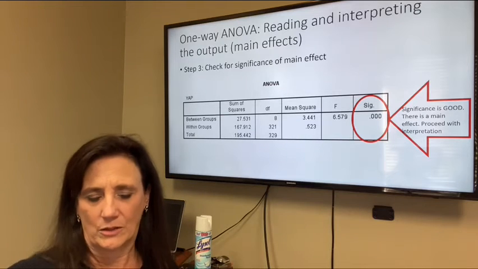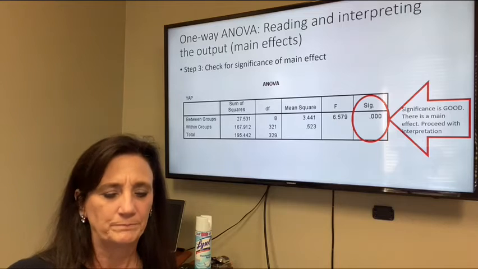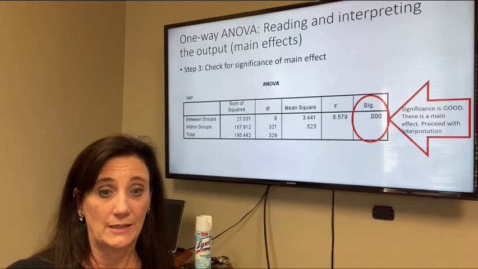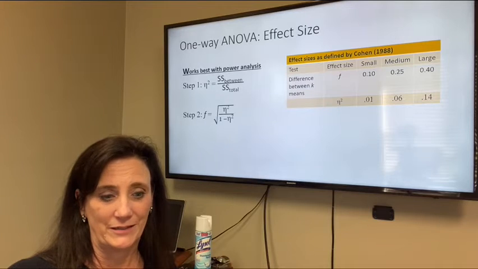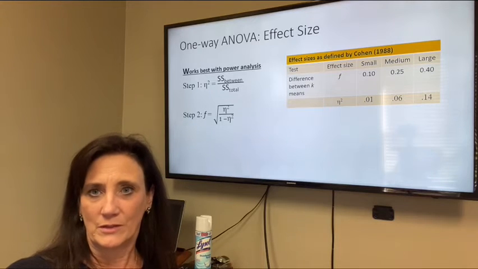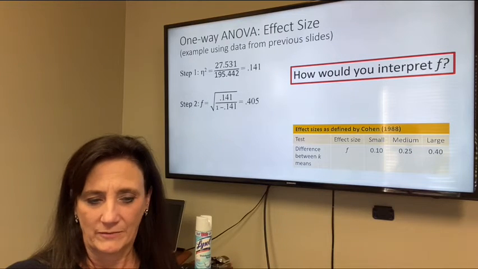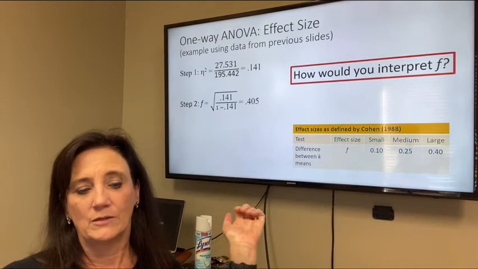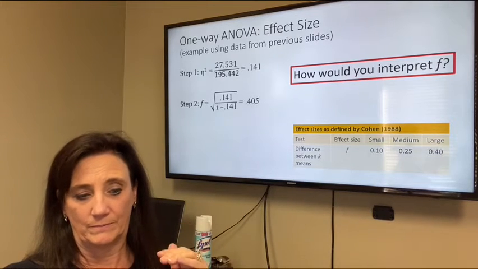In fact, I do so myself sometimes when I'm computing this. It's up to you. Either one's fine. All right, got that information written down? Good. Let's go plug it into the formula. So the 27.531 divided by the 195.442 gives you an eta squared of 0.141.